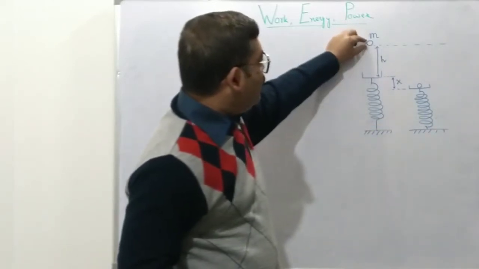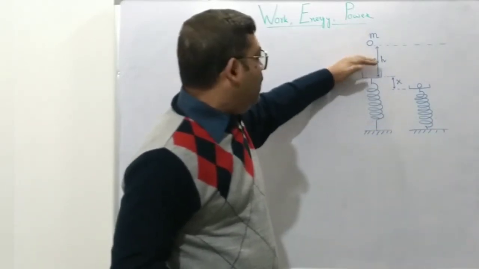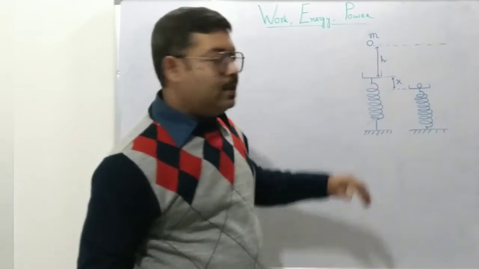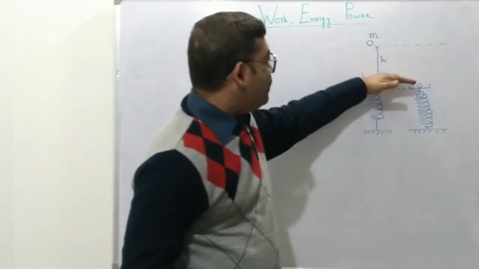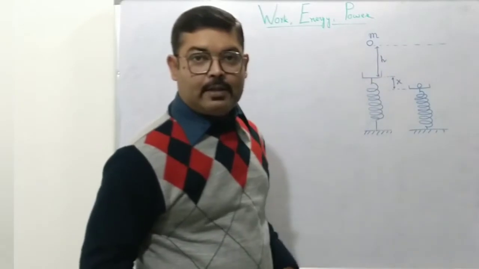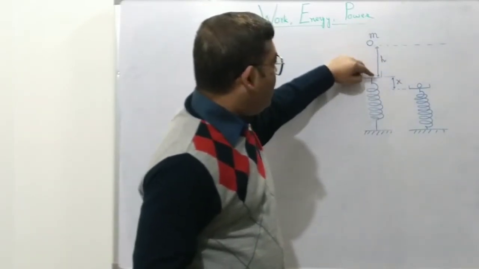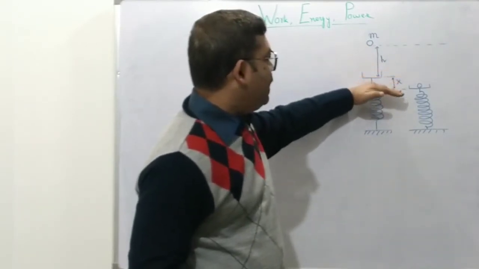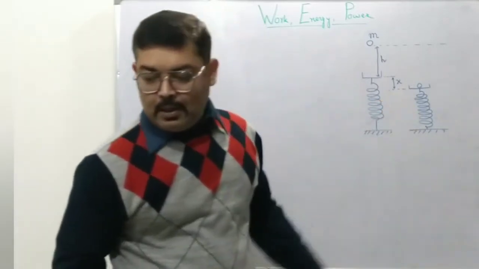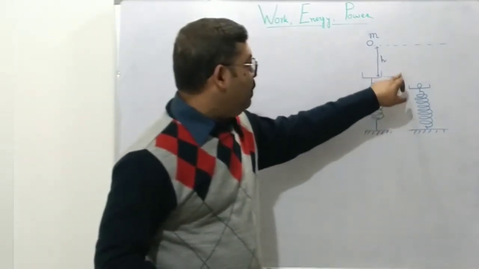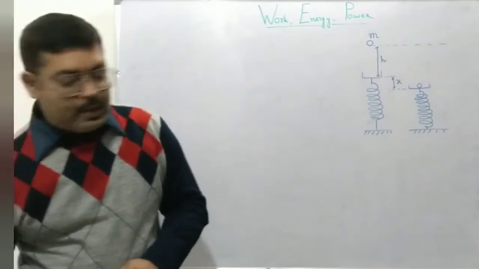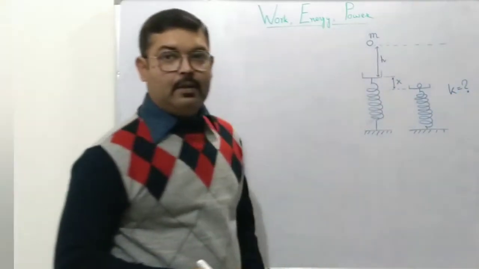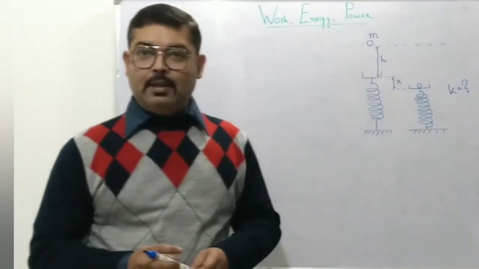When it is dropped from a height of h onto the pan, the pan moves downwards, depresses, and comes to this position, that is, it depresses through an extra displacement of x. We are supposed to find the spring constant k of the spring. We have considered the spring to be massless, right?